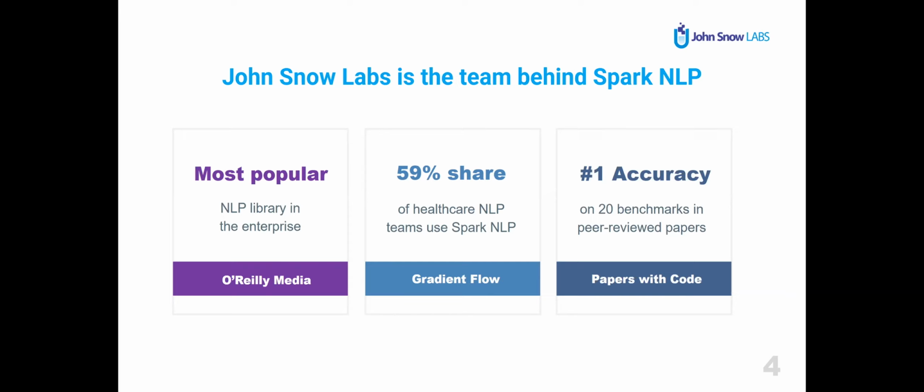We focus on speed. We partner with Intel and NVIDIA, so it runs fast even on a single processor. It's built on top of the Spark platform, so it's scalable. It can process big data and runs nicely on very big clusters. But it's built for enterprise.